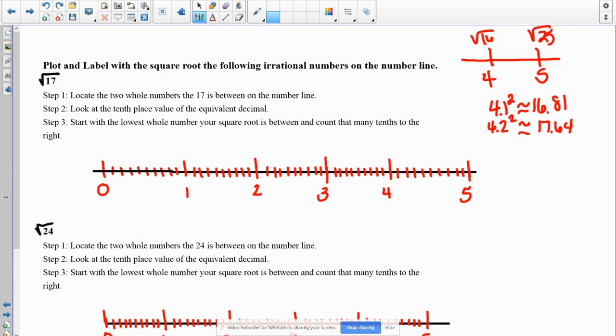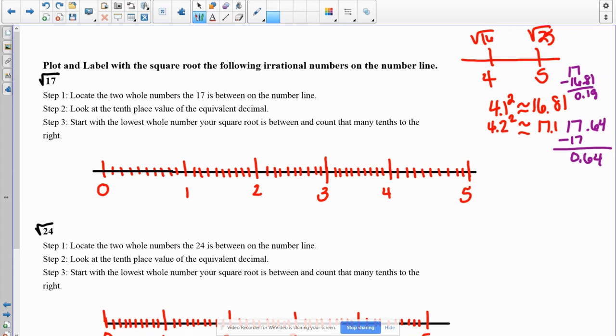Looking at the math here, we're going to do a little subtraction. 17 minus 16.81 is 0.19. And 17.64 minus 17 is 0.64. So 0.19 is closer.